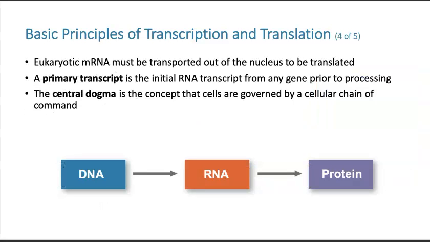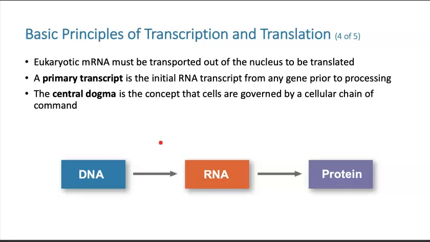So in a eukaryote, the mRNA has to be transported out of the nucleus in order for it to be translated. And this happens when a primary transcript, which is the initial RNA transcript, before any processing happens.